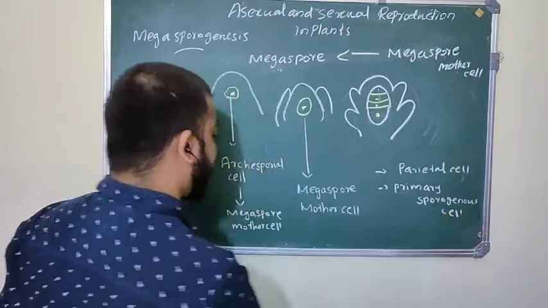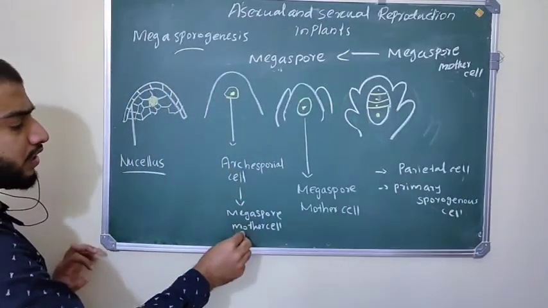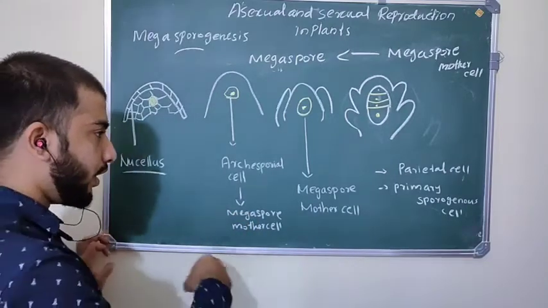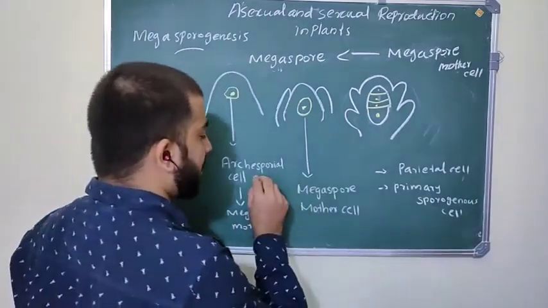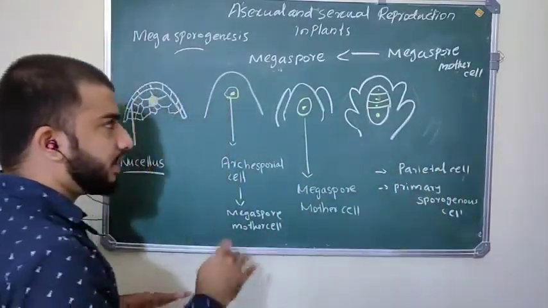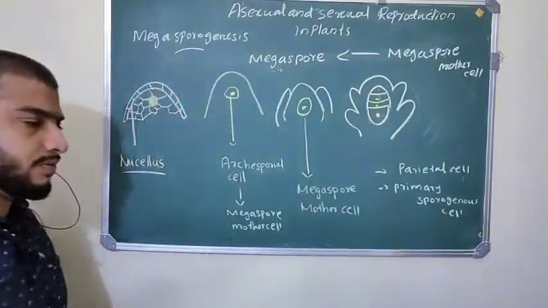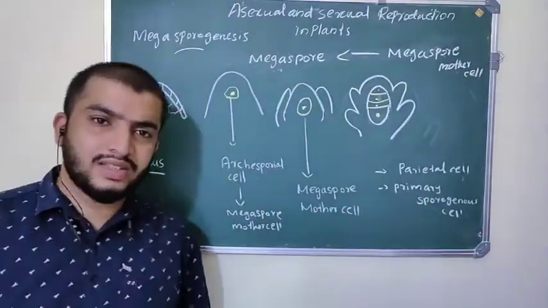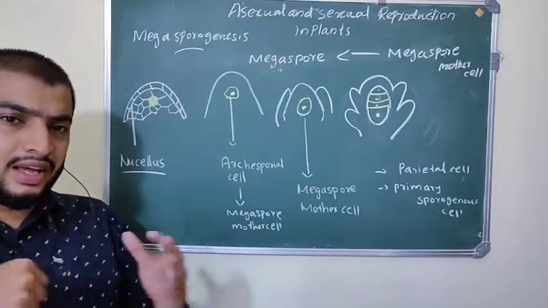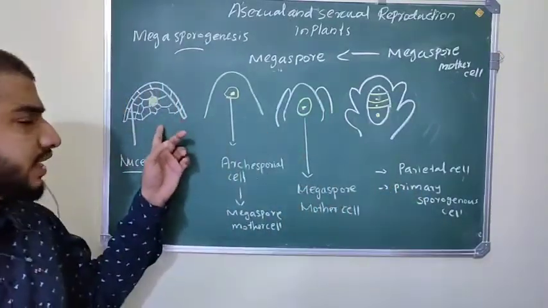In some conditions the archisporium directly functions as the megaspore mother cell, or in other conditions it divides transversely and forms a parietal cell and a primary sporogenous cell. This parietal cell again divides anticlinally and periclinally, and they embed the primary sporogenous cell in the nucellus.